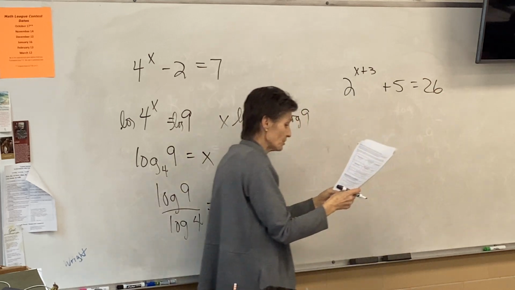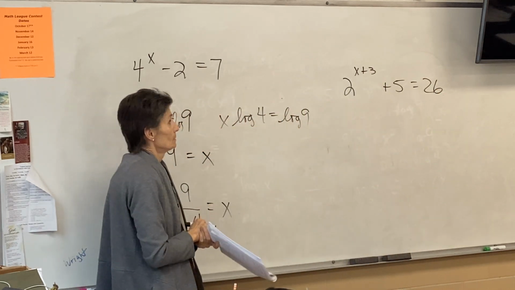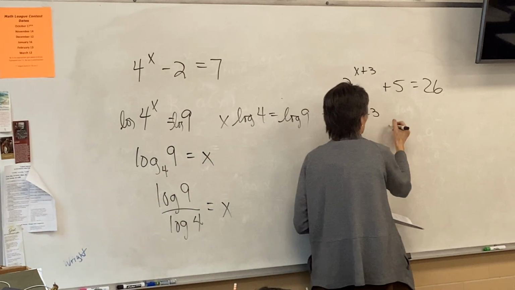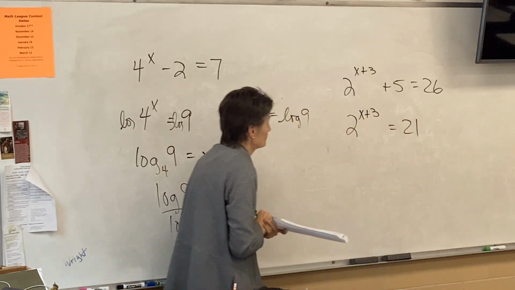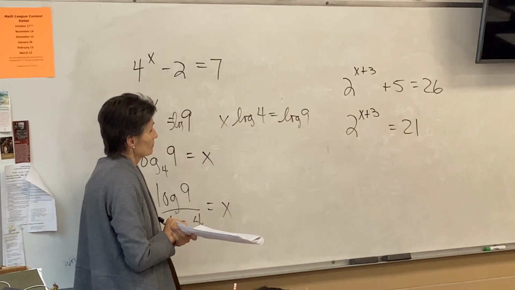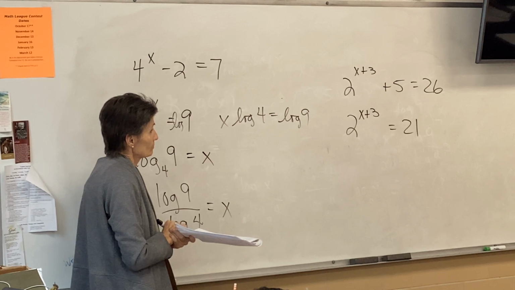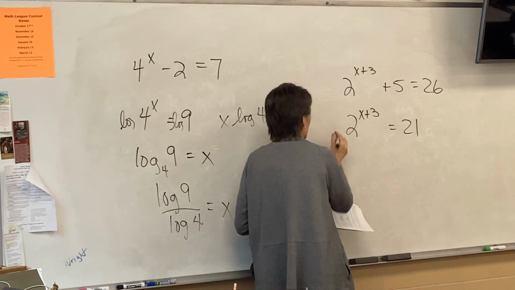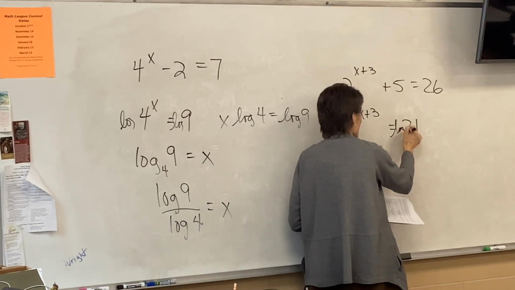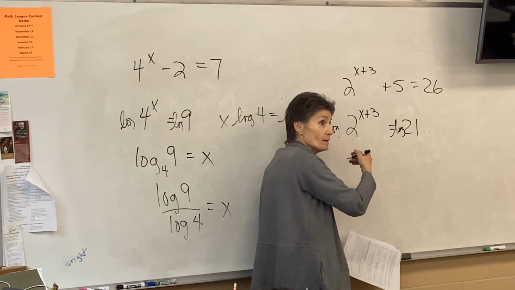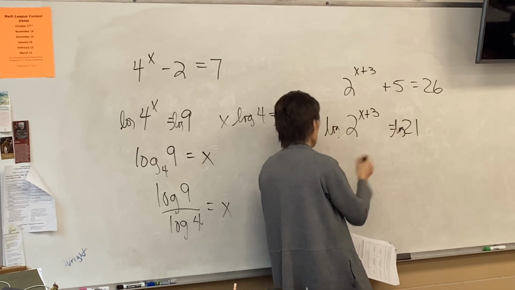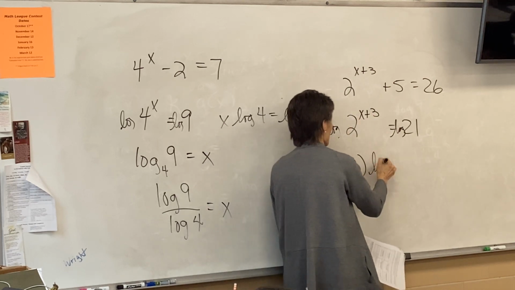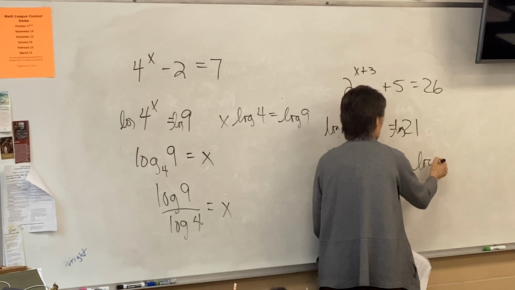All right, what do you think we ought to do with this one? Move the 5 over. Okay, so one option, my own particular style, is I'm gonna log both sides. Now Kennedy might convert that into logarithm form, up to you, it doesn't make any difference. If I take the log of both sides, then the exponent comes out in front, plus logarithms are so beautiful.